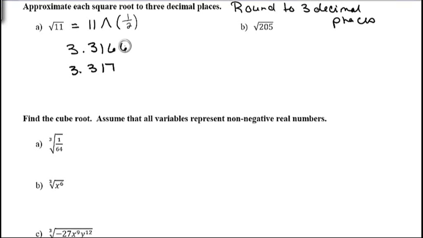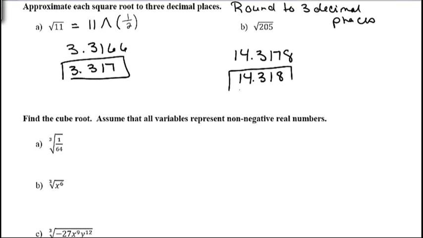Because this number is bigger than 5, you need to round this 6 up to a 7. And the square root of 205, we get 14.3178. And since this is 5 or bigger, we need to round this 7 up to an 8. So it would be 14.318. So just be careful of what they're wanting on MyMathLab and how many decimal places they want you to round to.